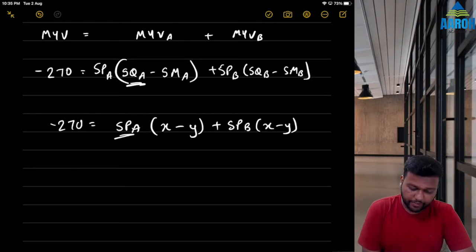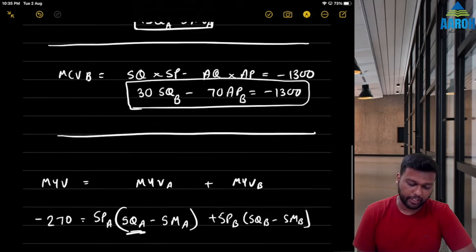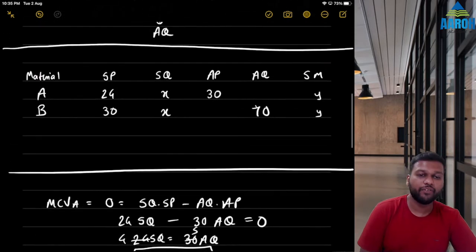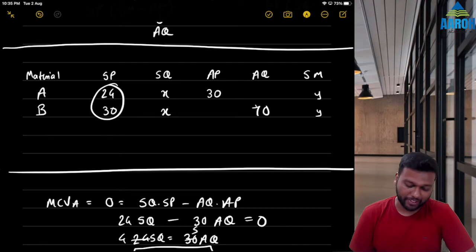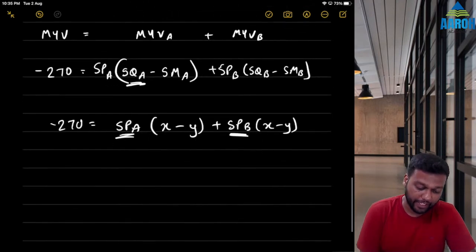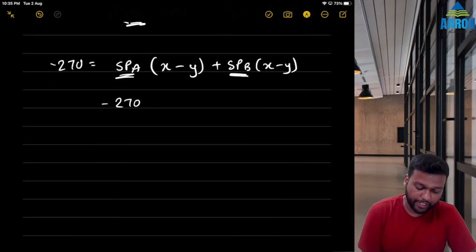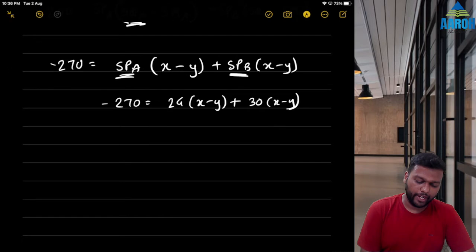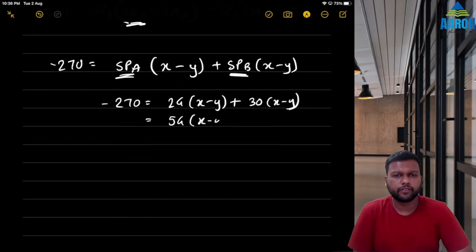Let's check if we have SP of A and SP of B. I think yes, 24 and 30. So we have got this equation: minus 270 is equal to 24 into X minus Y plus 30 into X minus Y. 24 plus 30 is 54 into X minus Y, if we take X minus Y common.